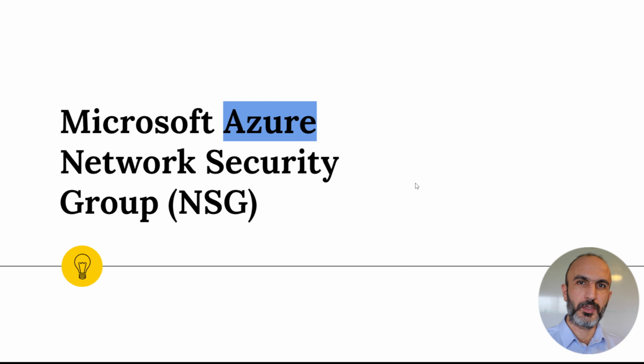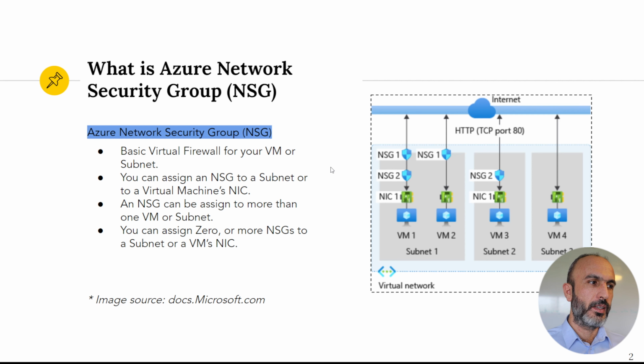So let's dive in. To start, let's first talk about what the Azure Network Security Group is. The Azure Network Security Group is a basic virtual firewall that you could either assign to your subnet, like the NSG1 here, or you could assign to your virtual machine, like the NSG2.